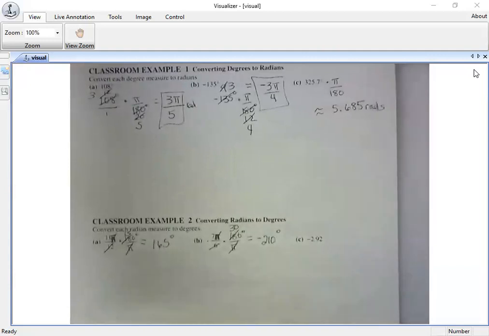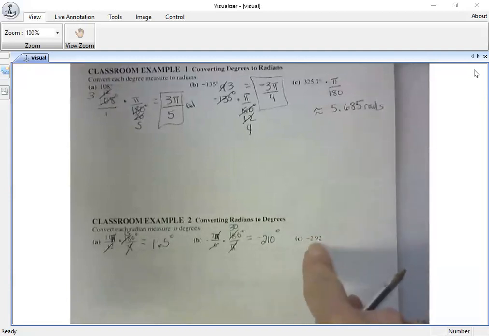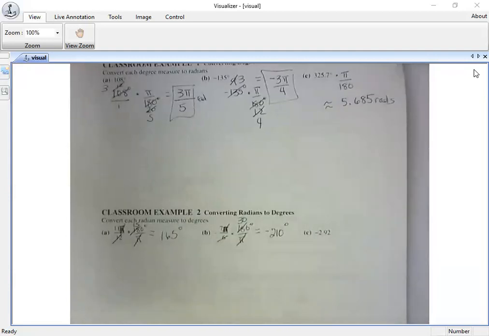And then how are we going to change this, which doesn't have a pi in it, into degrees? Now, what does it mean if I don't see pi? It means they actually used the decimal approximation for pi to give us an approximate value in radians, okay?